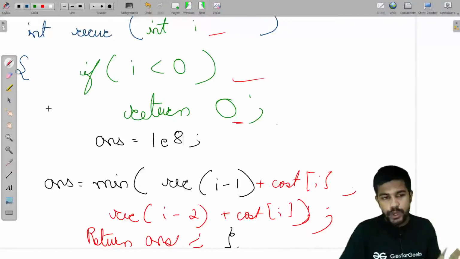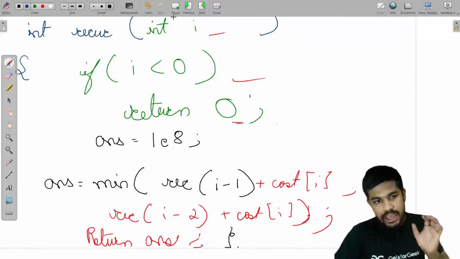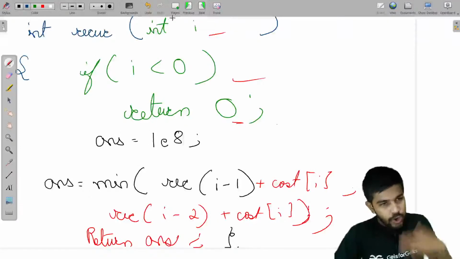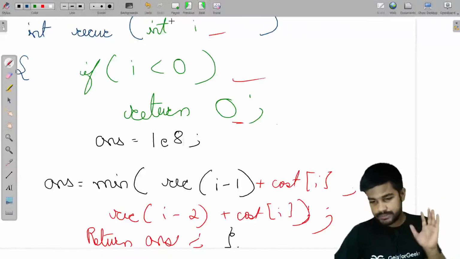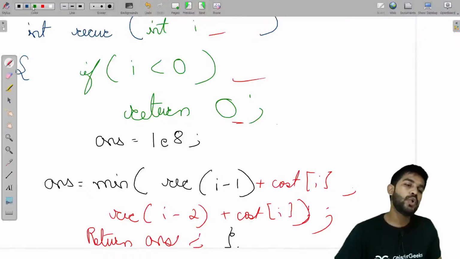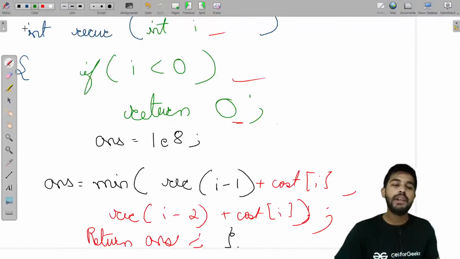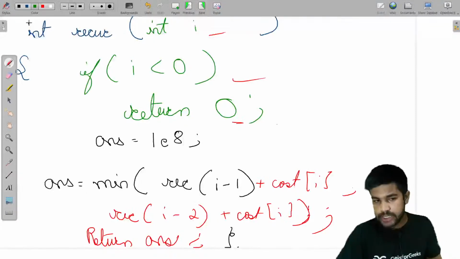So what we would be doing is simply saving our answer somewhere, and if that answer is already calculated, we would return it. If it is not calculated, then we would calculate it. Many people would ask whether it should be 1D or 2D memoization, and what type the data structure would be.